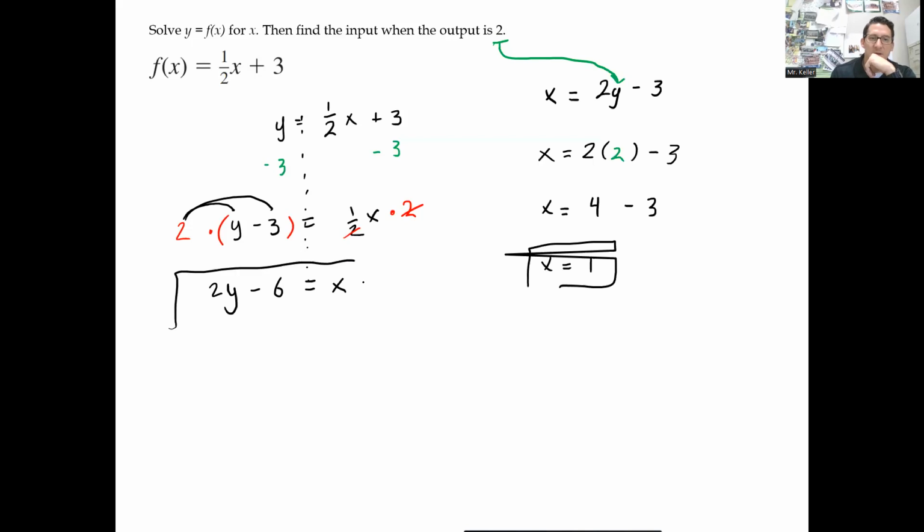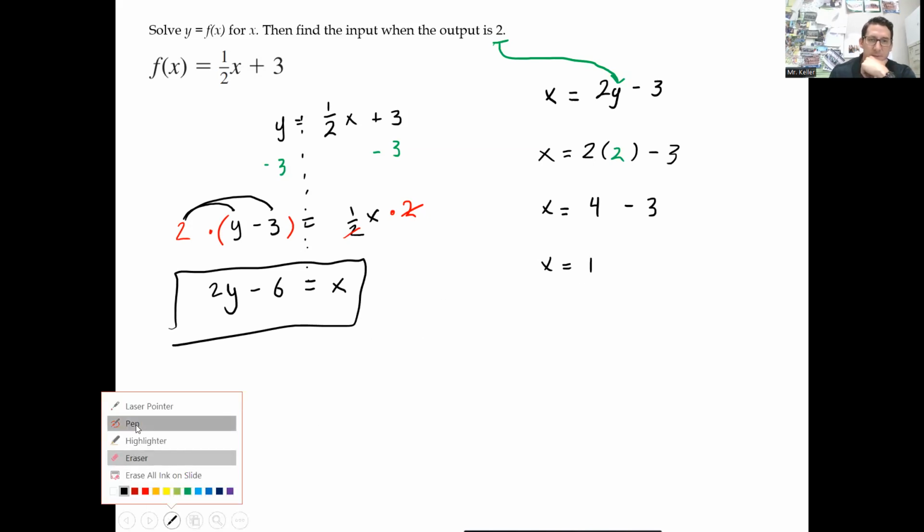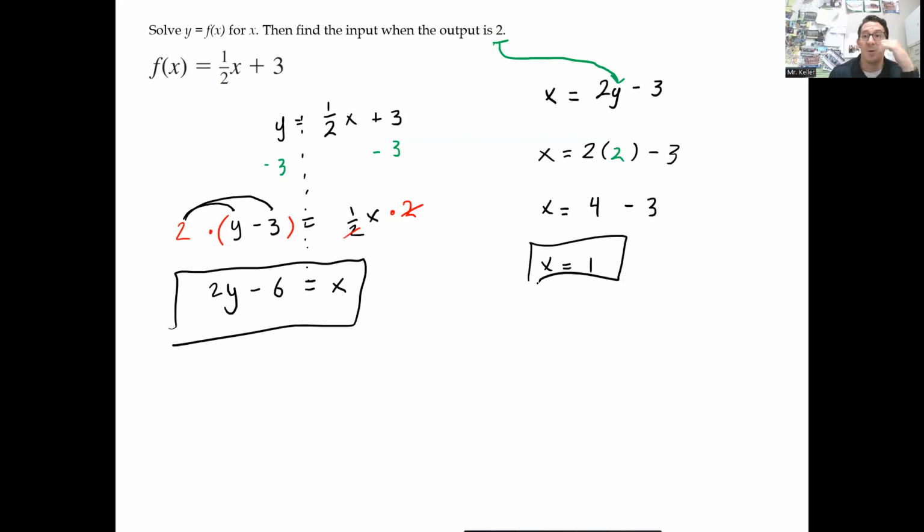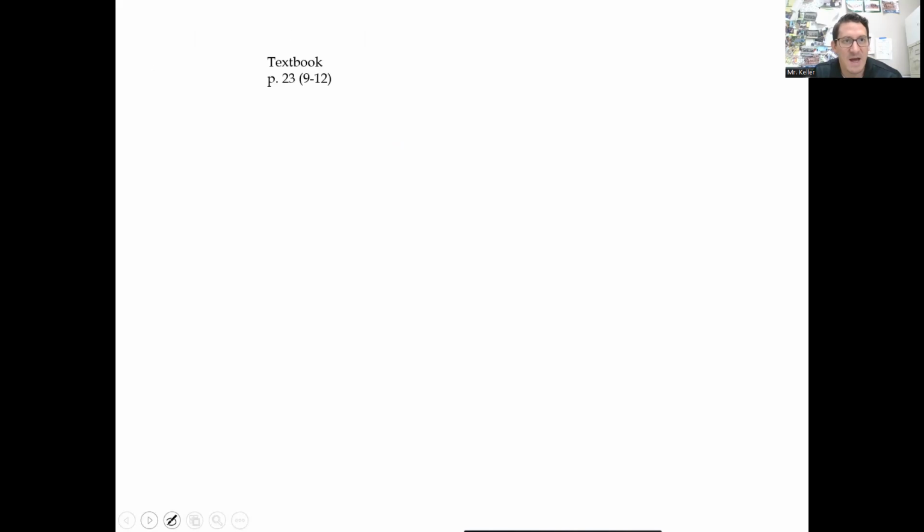Why does it do that? That has got to be the most annoying thing. There we go. All right. We're going to skip ahead. I'll do that example in class, but put in y for f of x, solve for x, and then put in 2 for the y, and figure that out.